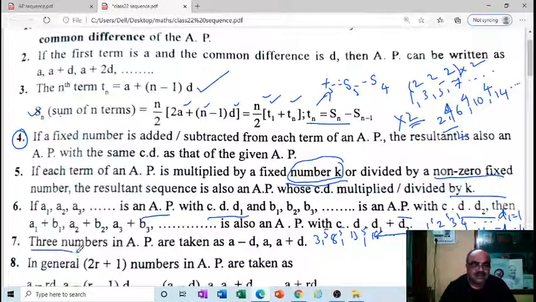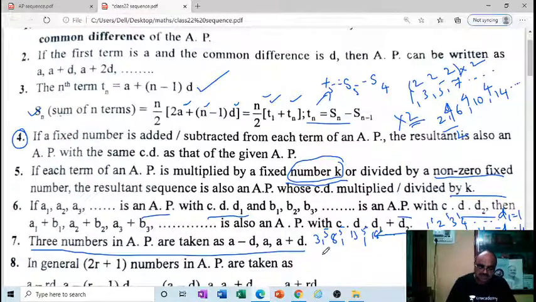Then, if I take three numbers in AP and try to calculate some unknown figures, I always take them as A minus D, A and A plus D. Why do we have to do it like this? If I sum all three, minus D plus D cancels, and I get only a single term, 3A.